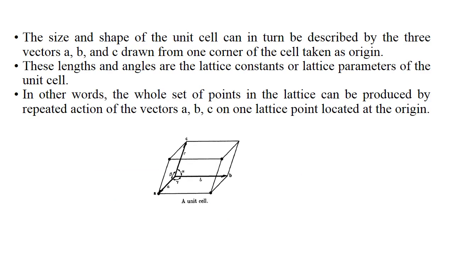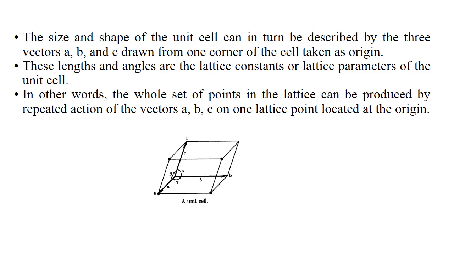The size and shape of the unit cell can in turn be described by the 3 vectors, which are A, B, and C, drawn from one corner of the cell taken as origin. These vectors define the cell and are called the crystallographic axes of the cell.